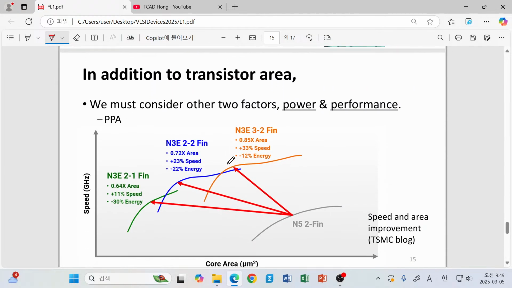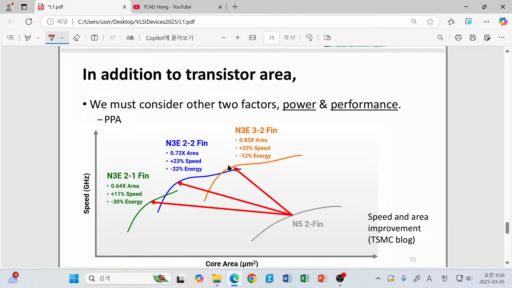Okay, up to now, I have told you about the scaling in terms of transistor area. How can we make it small? But making it small itself is not the only reason we wanted scaling.